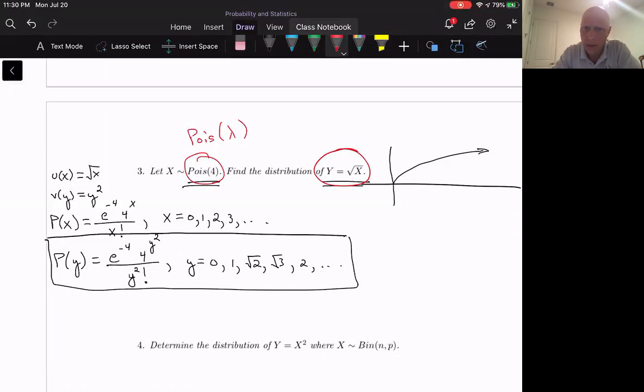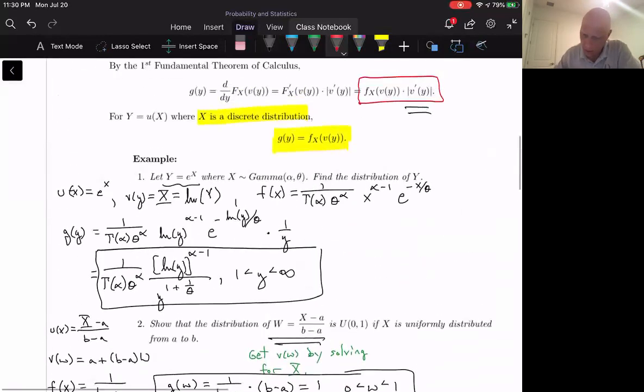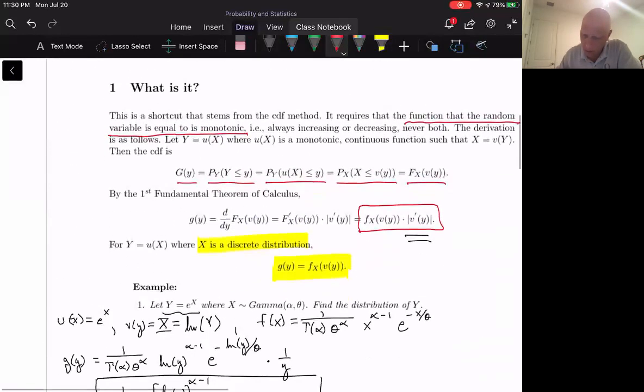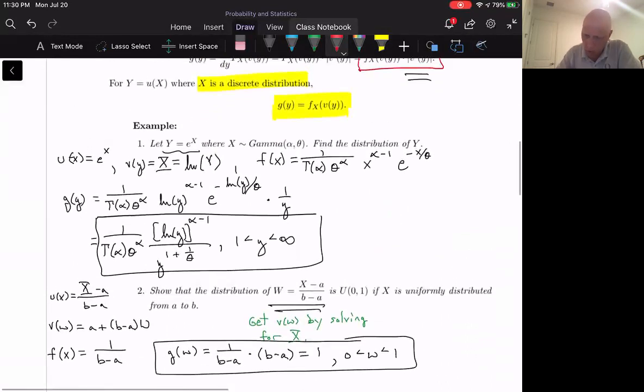No, y equals root x. So when you solve for x, x equals what? Yeah, in all these, we always solved for the other variable. So in number 1, y was given as e to the x, so x equals natural log of y. So we solved for the other variable.